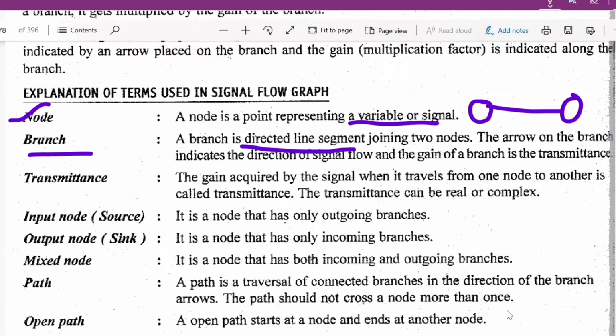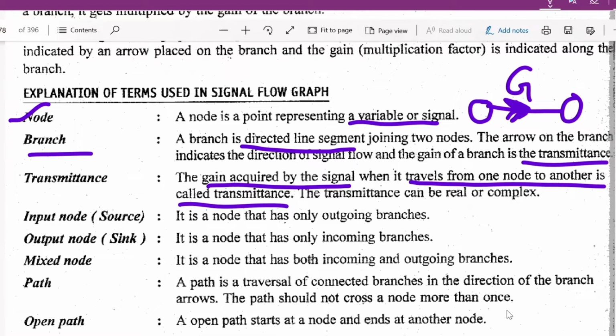The arrow on the branch indicates the direction of the signal flow, and the gain of the branch is the transmittance. Then we'll see what is transmittance. The gain occurred by the signal when it travels from one node to another is called transmittance. The transmittance can be real or complex.